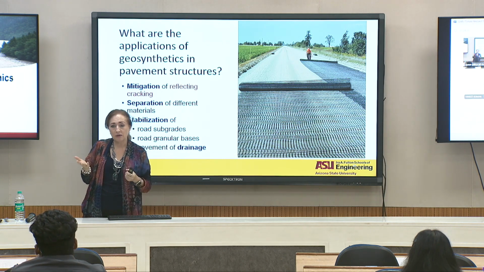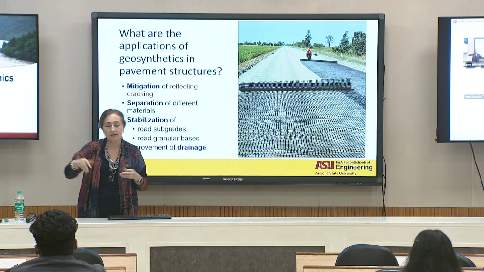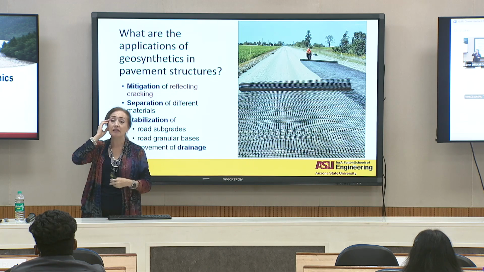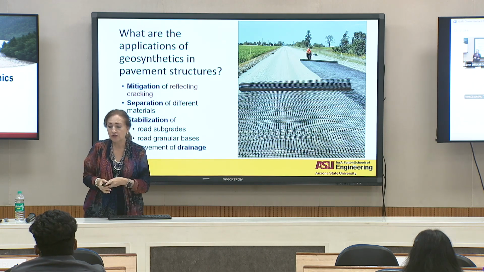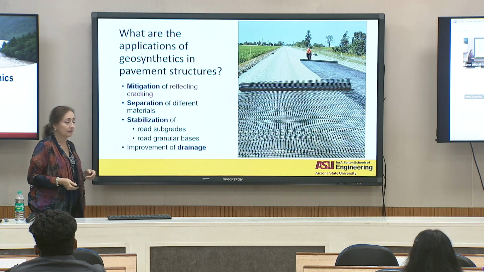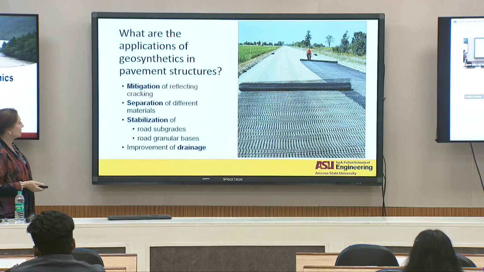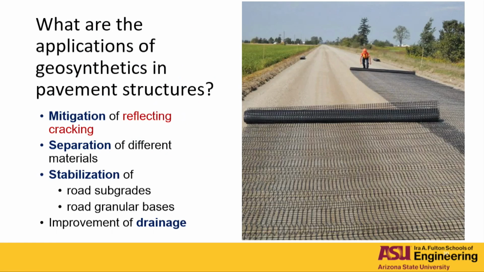So basically, you want to avoid that, or just to get the length of the maintenance a little bit longer, and then you just use it for mitigating reflective cracking. Separation of different materials. Stabilization of the road subgrade and granular bases, and improvements of drainage. Okay, so these ones are the applications for the geosynthetics on pavement structures.